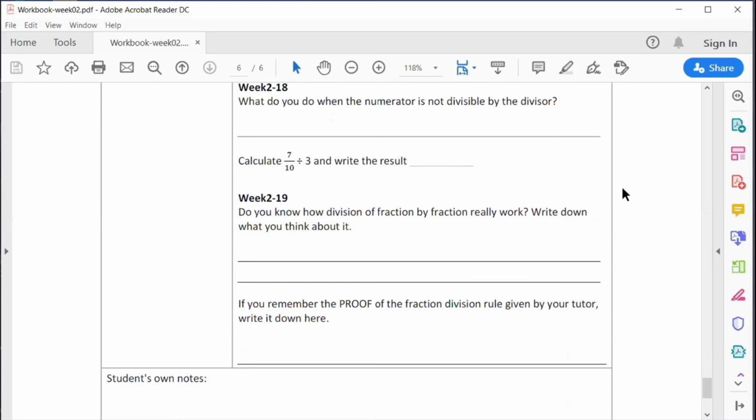So that's 7 over 10 times with 3 equal to 7 over 30.